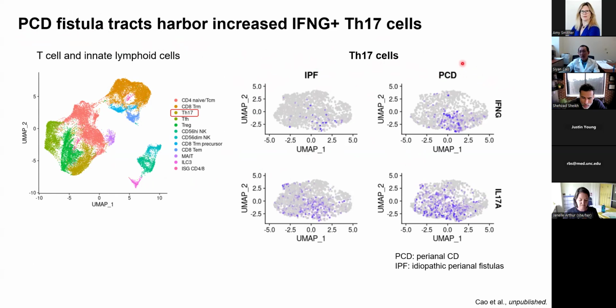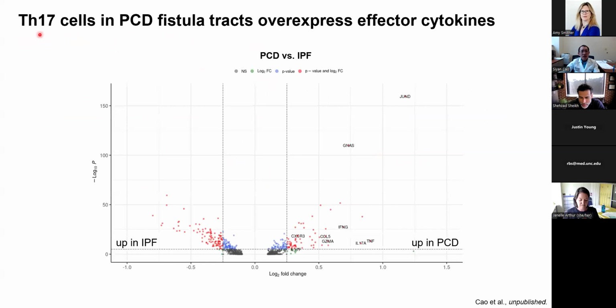You can see the Th17 cells from PCD samples express a higher level of interferon gamma as compared to the IPF samples. The Th17 cells from the PCD fistula tract also express higher levels of effector cytokines, including IL-17A, TNF, and CCL5, which may contribute to the chronic inflammation in those patients.